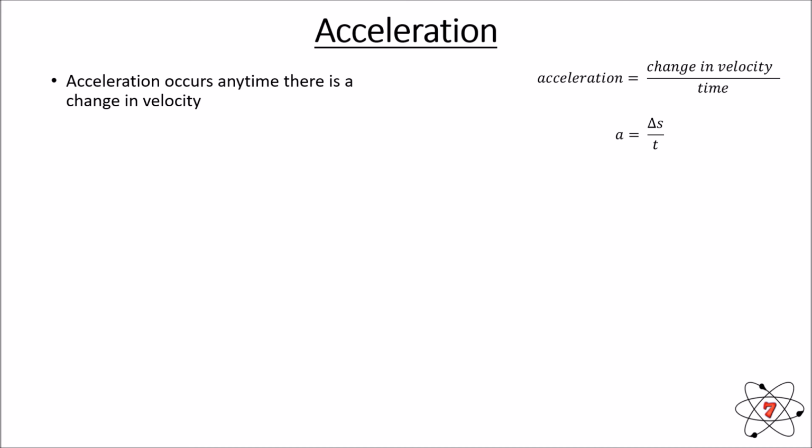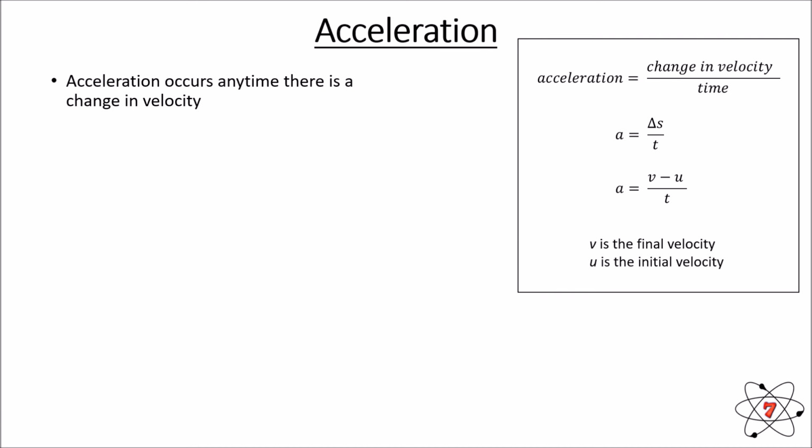Or acceleration, a, equals delta s, change in speed. Delta is a triangle, and it always means a change of, divided by t. So a equals delta s divided by t. Or even better, a equals v minus u divided by t. Now, when we say v, we mean the final velocity that something's traveling at.